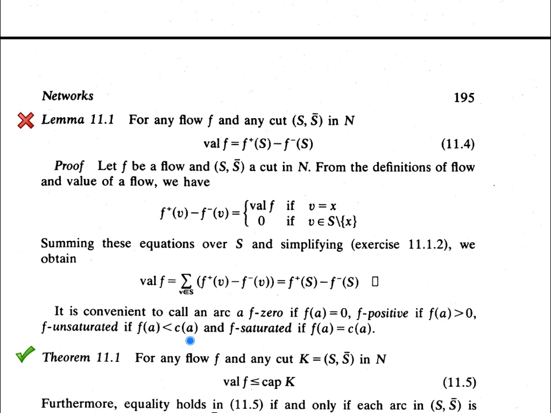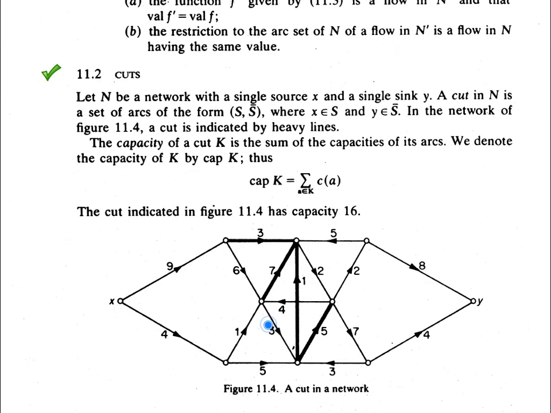Now, the capacity of a cut is the sum of the capacities of all these arcs.